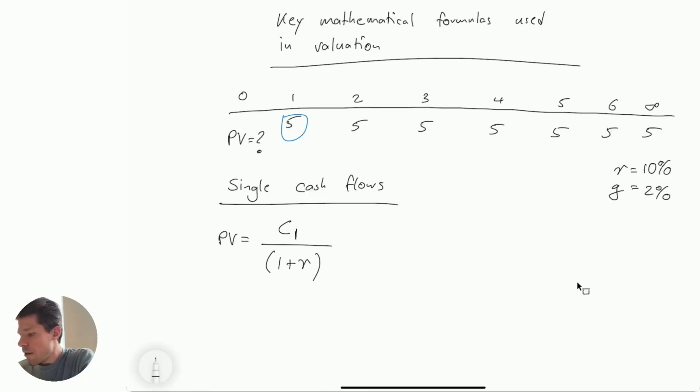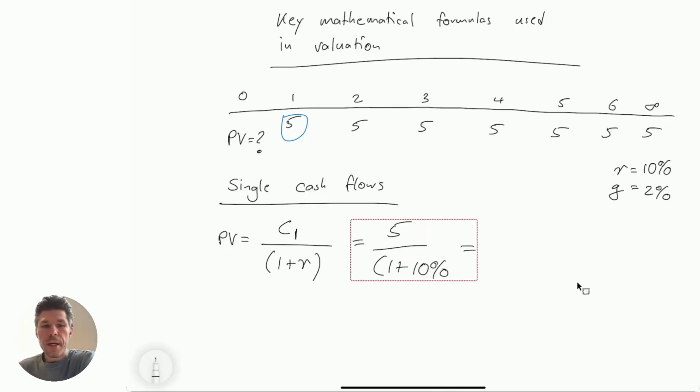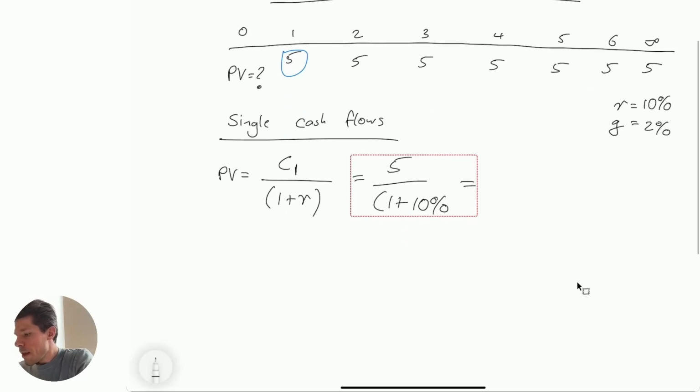If you have one cash flow of 5 divided by 1 plus 10%, then you would know what 5 would be in present value terms.